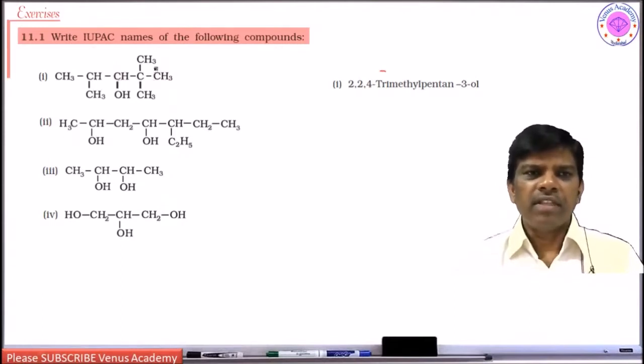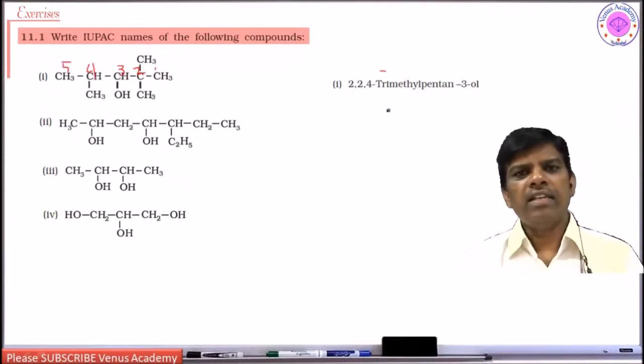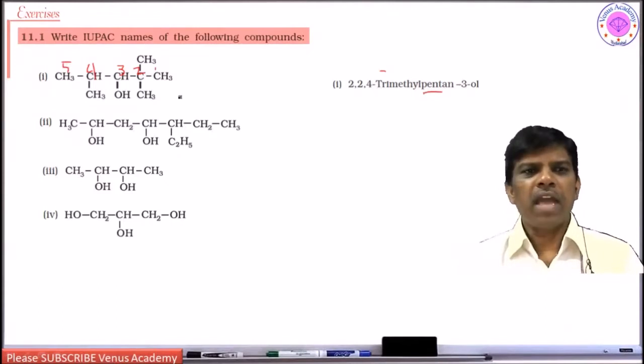This is the way to give the numbers 1, 2, 3 (3-ol), 4 and 5. So it is a 5-membered alkane, so it is pentane. The maximum number of substituents are on 2, 2 and 4, so 2,2,4-trimethyl 3-ol.